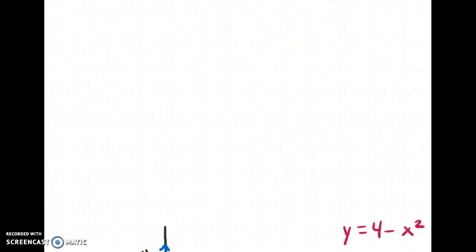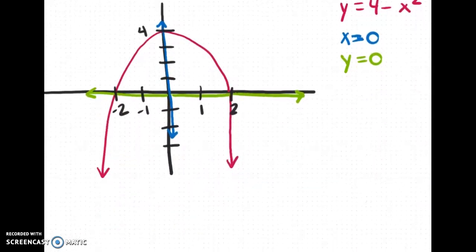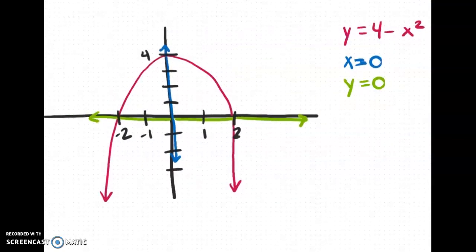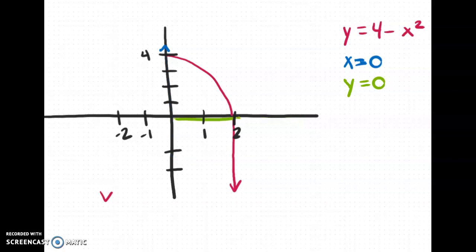So what I did here is I sketched out the three boundaries here. And so what we are looking at precisely is this piece right here.